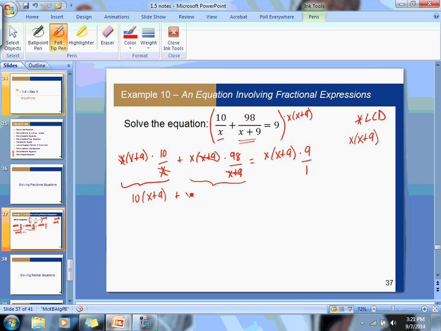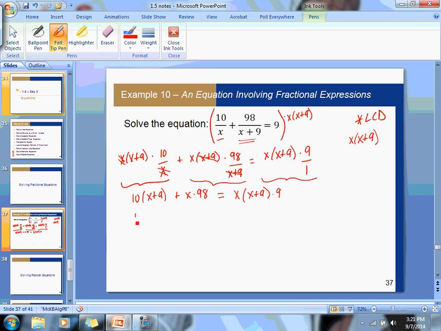So then I'm multiplying x times 98. Again, no more fraction. Now in my last term, I don't have a denominator to cancel. The denominator is just 1, so nothing's going to cancel. So I'm going to have the x times the x plus 9 times the 9. But again, no more fraction.